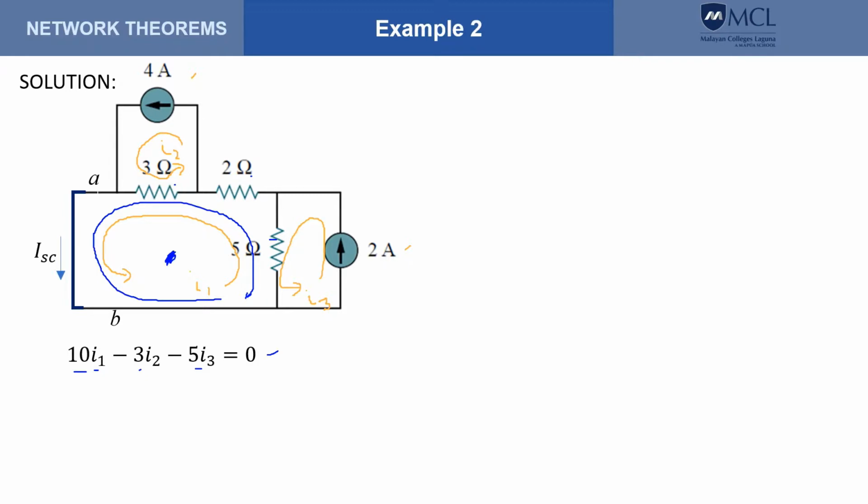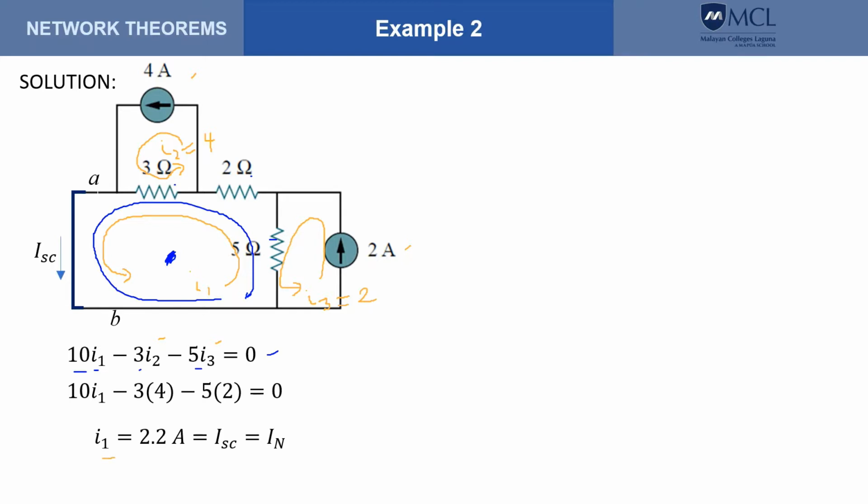We know I sub 2 to be equal to 4, and I sub 3 should be equal to 2. So we replace I sub 2 and I sub 3 with their actual values, and then we can find I sub 1.